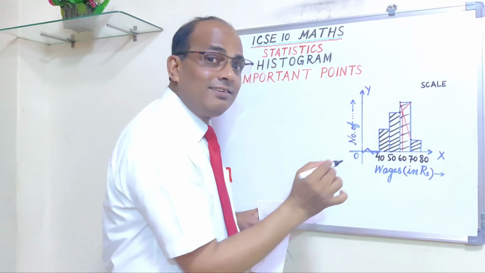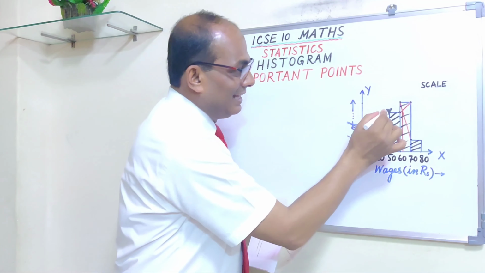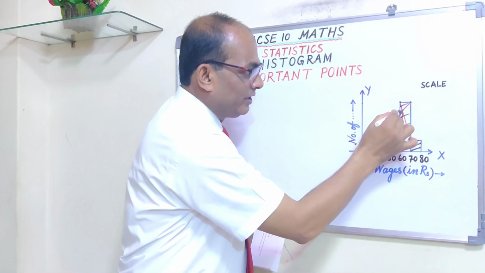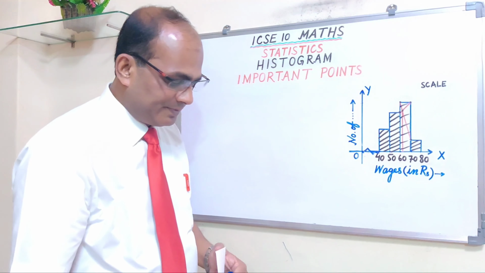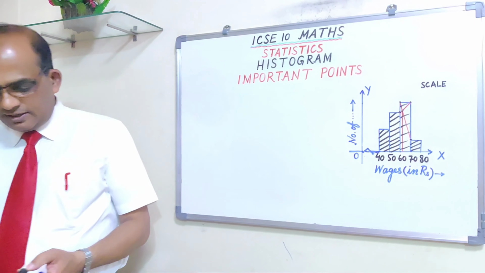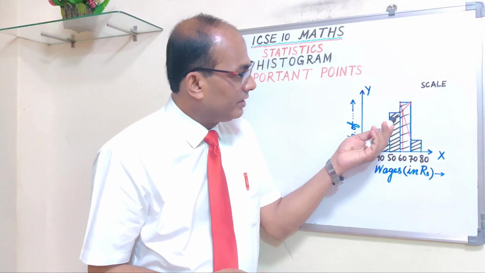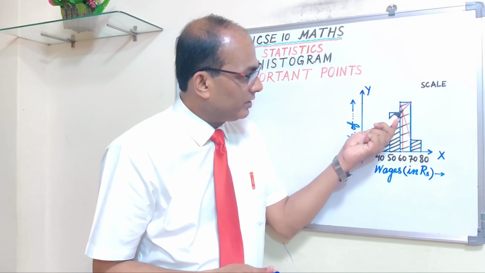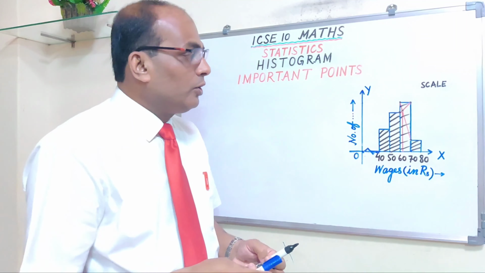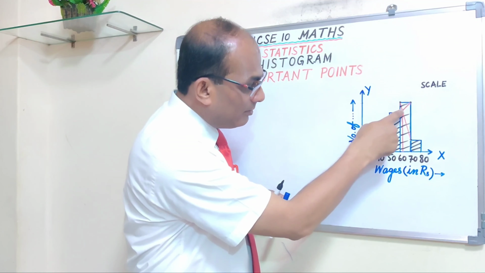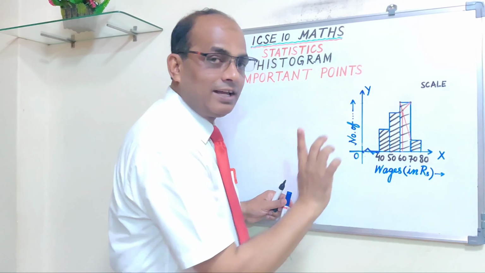And where the 2 lines are intersecting each other, that point is this. See this point. At this point, the 2 lines are intersecting each other. So from this point, you draw a perpendicular line meeting on the x-axis.